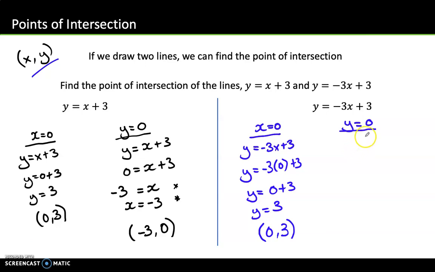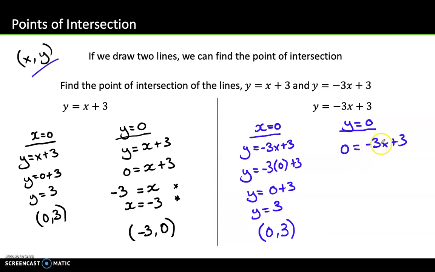And now I do the same, but this time I'm letting y equals 0. So this time I've got 0 equals minus 3x plus 3. This time I am going to bring my x to the left-hand side. The reason I'm doing it this time is because it's a minus 3x. So I know when this goes to the left-hand side, it's going to become positive. So I'm thinking ahead a little bit.